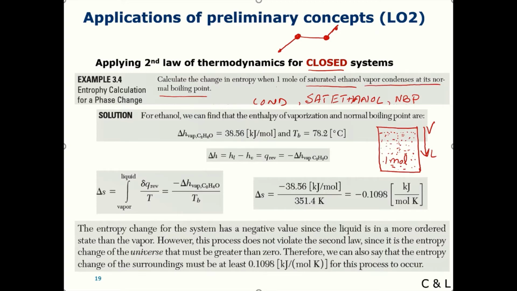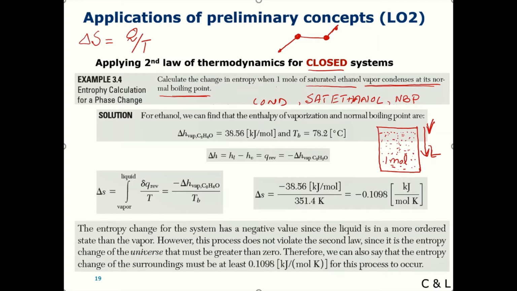Do you remember the formula? Delta S is equal to Q over T, right? So that's why the author has mentioned the temperature. Temperature is the normal boiling point, which makes sense because vapor becomes liquid at the normal boiling point. Just like if we have saturated water vapor at 100 degrees Celsius, at what temperature will that become liquid? 100 degrees Celsius, which is the normal boiling point, right?